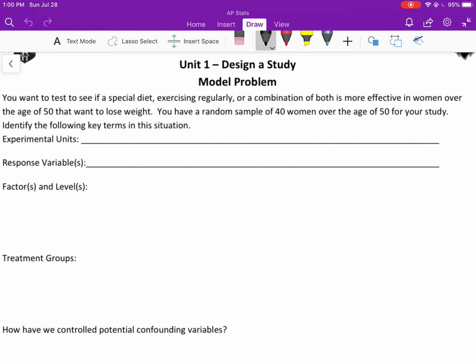So our experimental units, meaning the people that are going to get the treatments, are 40 women over the age of 50. Okay. The response variable, right, is going to be what the results we're looking for is weight loss.